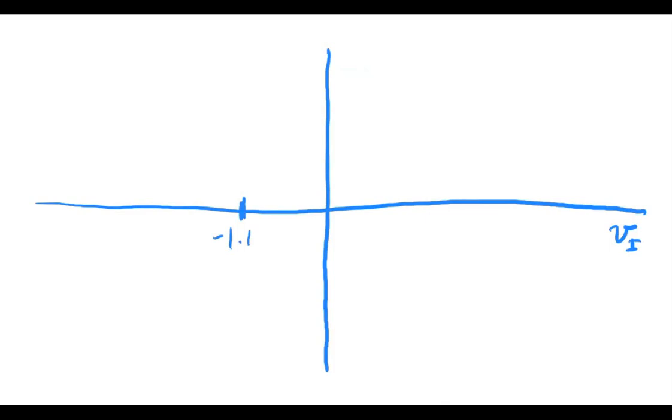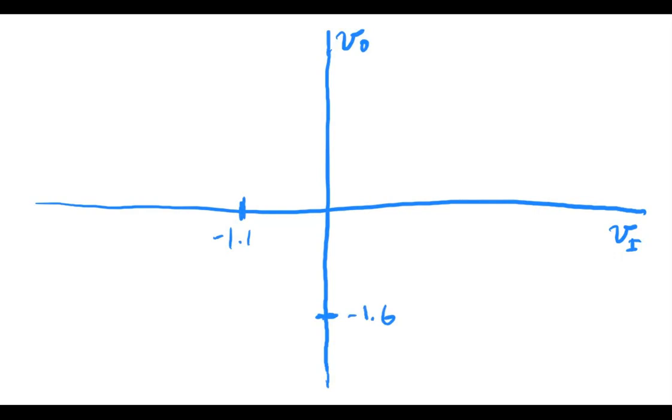And VO min is going to be minus 1.6. So let's say somewhere over here, minus 1.6.